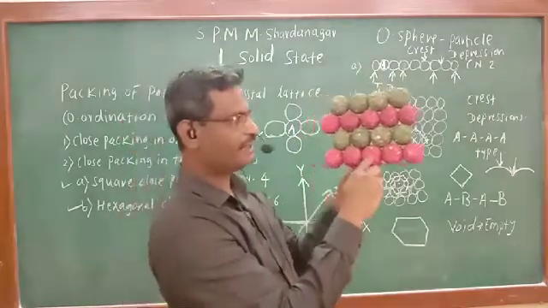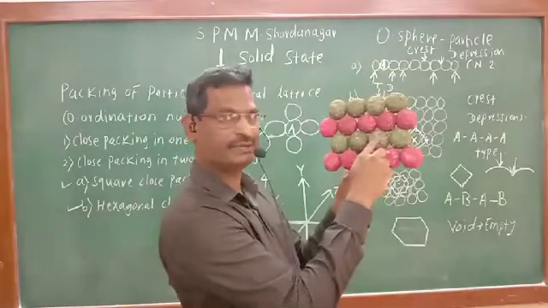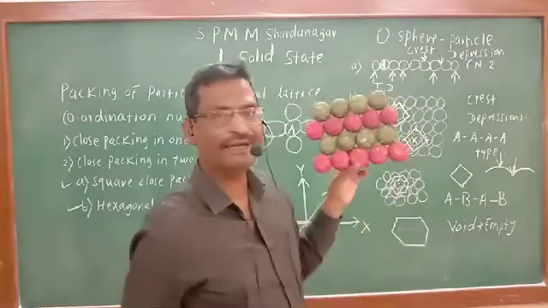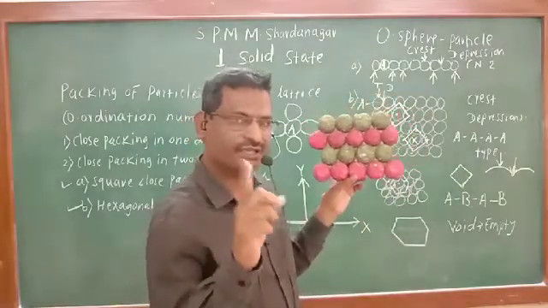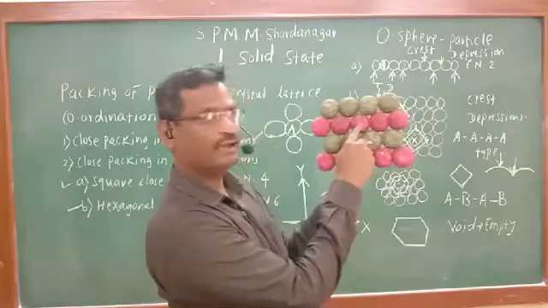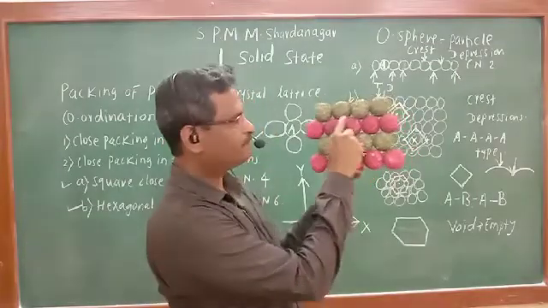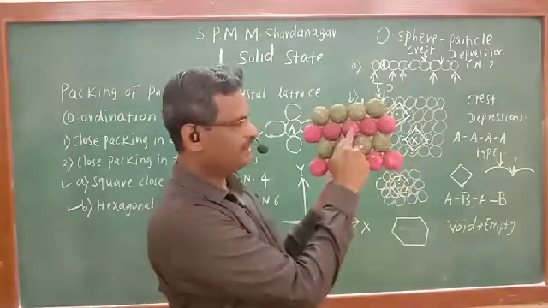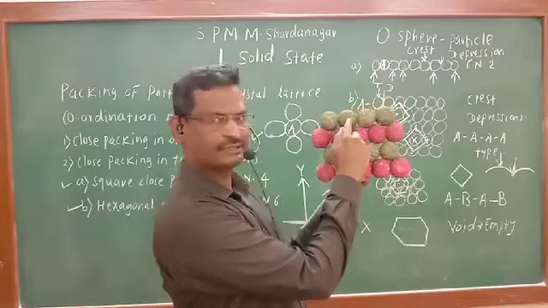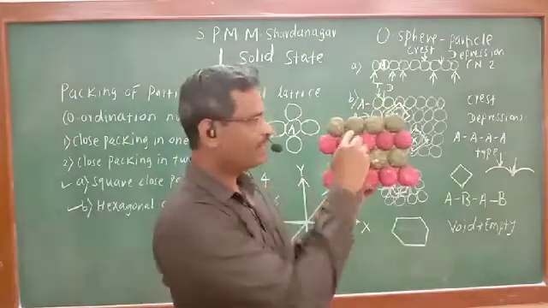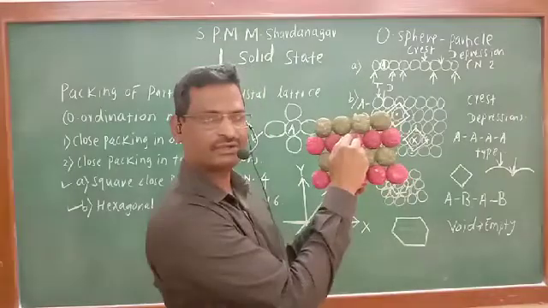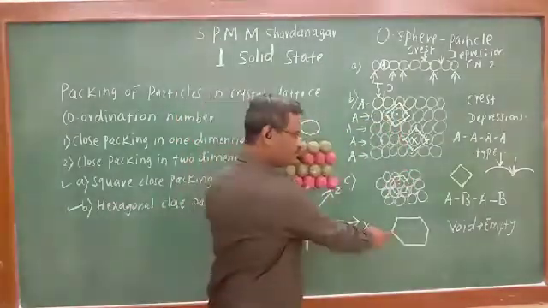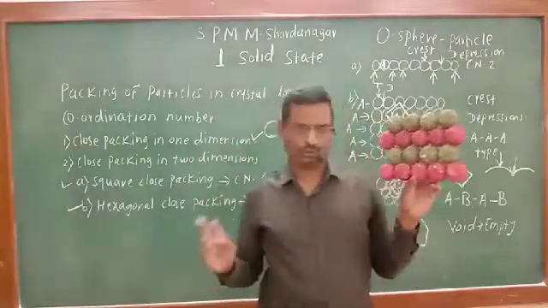So if this is A, this is not A, this is not similar, this is B. Again this is A, again this is B. So it is known as AB type of arrangement. If you see the coordination number for this, it is attached with how many other particles? 1, 2, 3, 4, 5, 6. This is in touch with all the 6. Therefore, coordination number is 6. If their centers are connected together, we will get a hexagon. Therefore, it is known as hexagonal close packing.